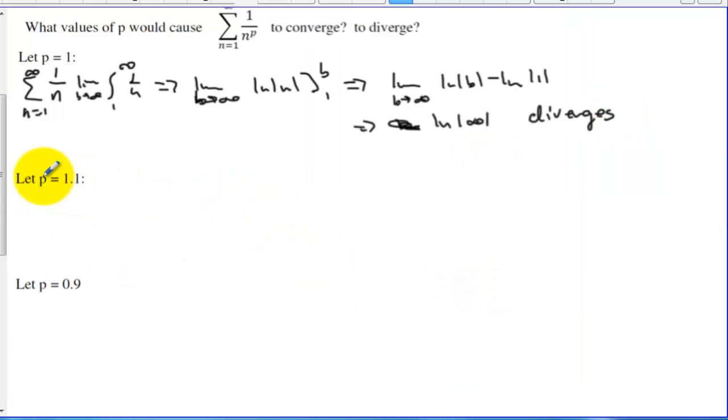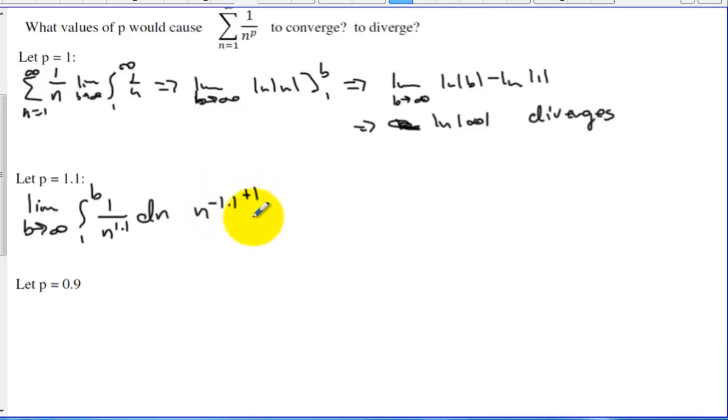Let's look at when p equals 1.1. We have the limit as b approaches infinity of the integral from 1 to b of 1 over n to the 1.1, and I guess we're going to do dn here. Now that's really n to the negative 1.1, so when we add 1 to do the integral, we have n to the negative 0.1 and then times negative 1 over 0.1.